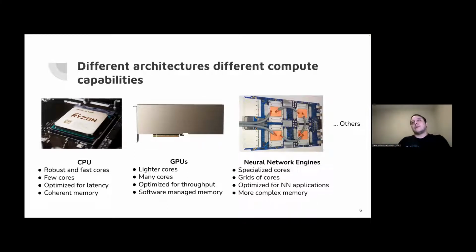Then as we progress, we realize that there are other ways that we can build architectures that, for either a specific program or a specific set of programs, it makes sense to build, to compute or to execute the code in a different way. So we start calling these accelerators.